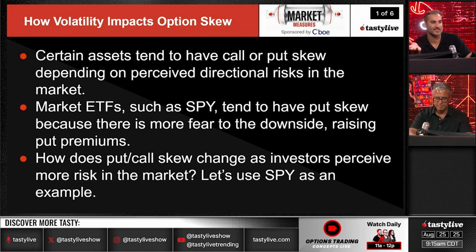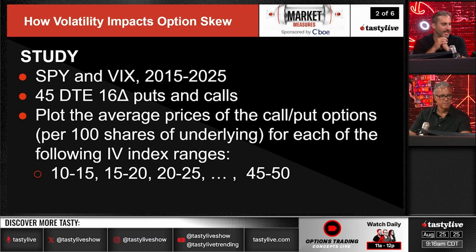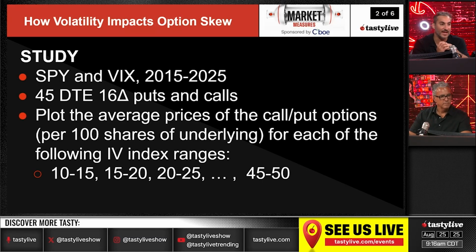We're going to be looking at SPY to do this. So we've got a nice little SPY study on the next slide. We're looking at SPY and the VIX, from 2015 to 2025, at 45 days till expiration, 16 delta puts and calls as a standard deviation, our cookie-cutter entry.